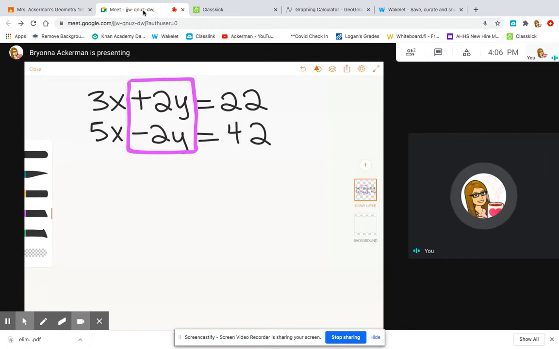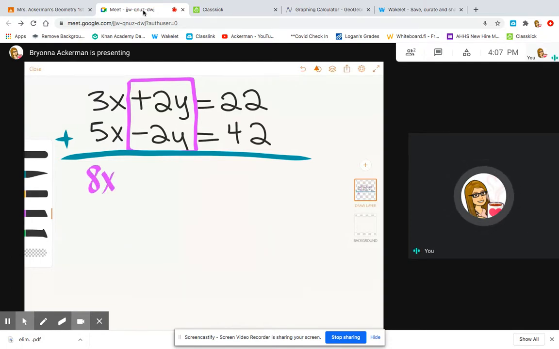So this is already set up really nice for elimination. That's why I started with this one, because we have a positive 2y and then we have a minus 2y. They're complete opposites of each other. They're the same number, but opposite sign. And so this is how we're going to do it. We're going to set this up where they're directly on top of each other, and we're doing addition down, okay? And so what happens is we get 3x plus 5x, and so we get 8x here.